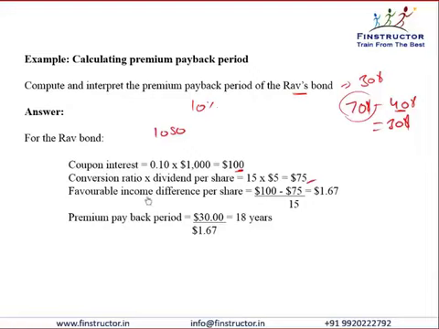So the favorable income that I am receiving by purchasing this bond is 100 minus 75 on 15 shares, that is $1.67 per share.